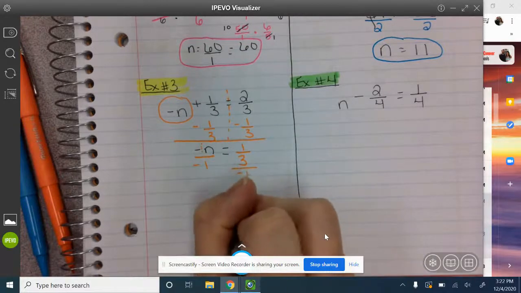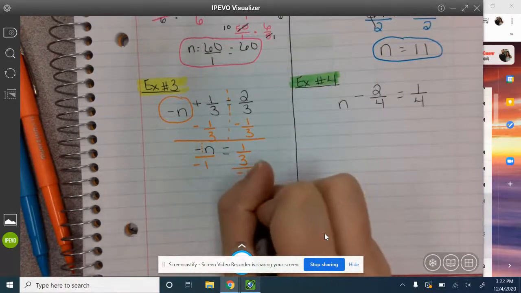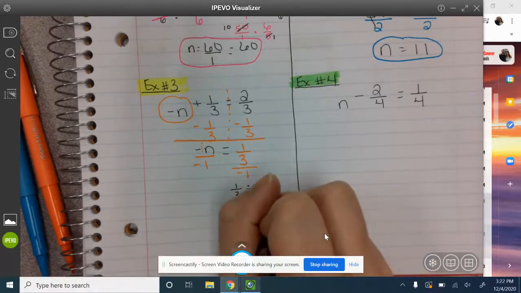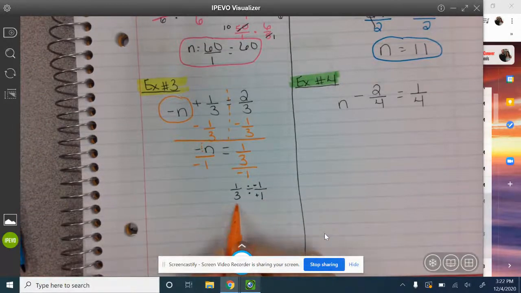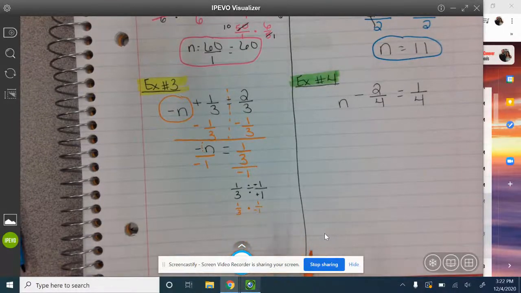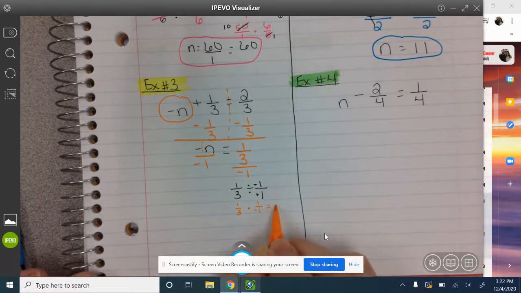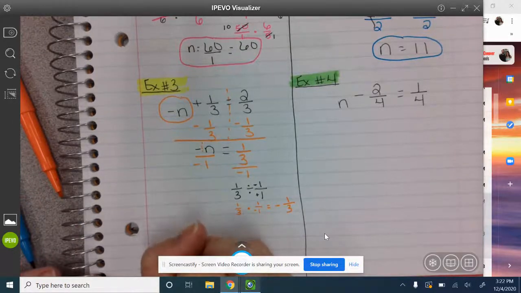And it is 1/3 divided by negative 1 over 1. So how do you divide fractions? 1/3 times 1 over negative 1. And you're going to end up with negative 1 times 1 is negative 1, 3 times 1 is 3. So n equals -1/3.